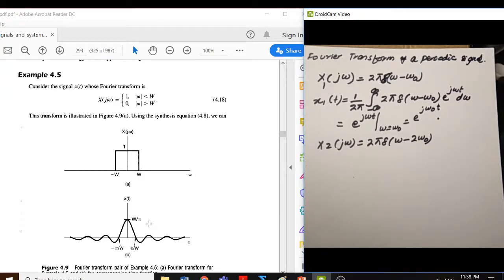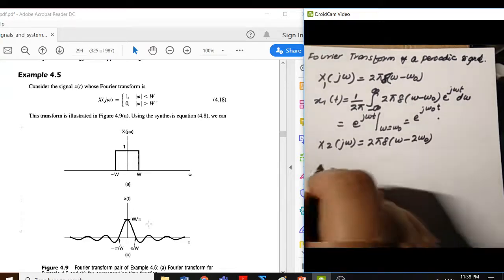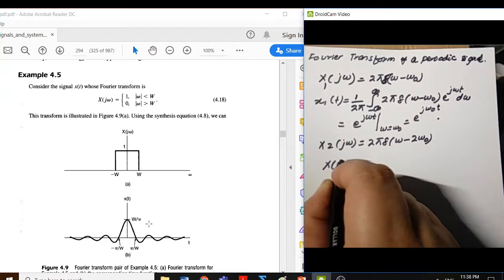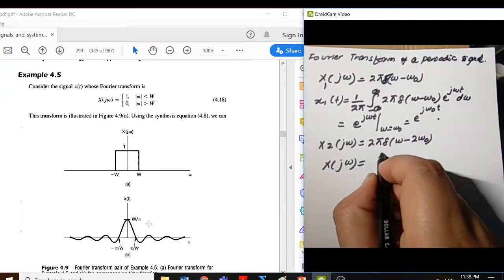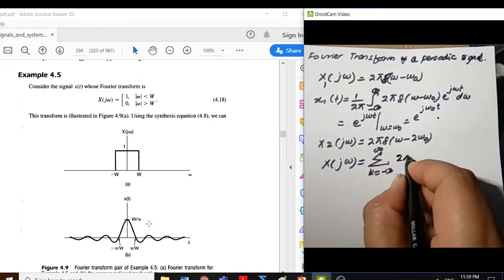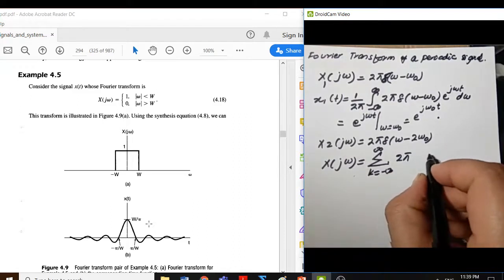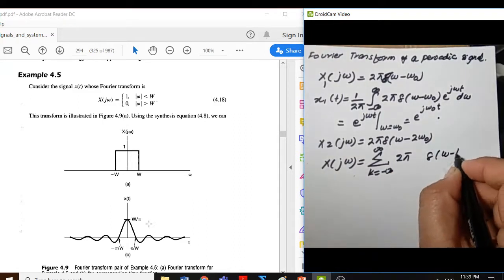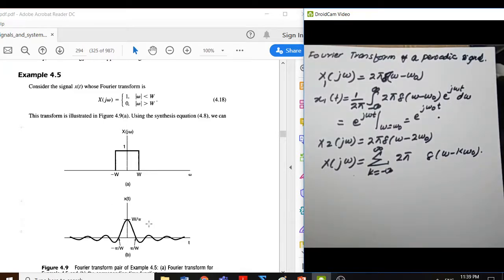So we have lots of individual Fourier transforms, and if we add all these harmonically related Fourier transforms, we get the sum for k from minus infinity to infinity of 2 pi delta of omega minus k omega naught. This takes a form like this. So we have a Fourier transform which is a combination of all these shifted impulses.